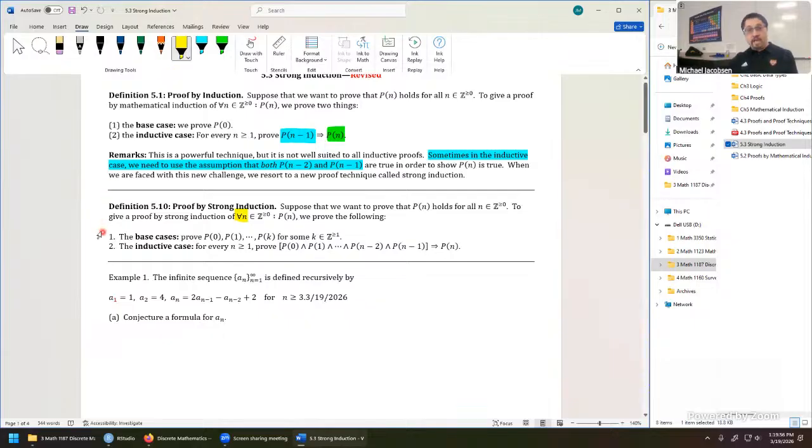In strong induction, we have multiple base cases. We prove as many values as true as necessary for some integer k. For the problems we're going to look into, it's pretty much going to be two base cases. So again, we're not going to look into some of the crazy strong induction proofs. There are some pretty wild ones.